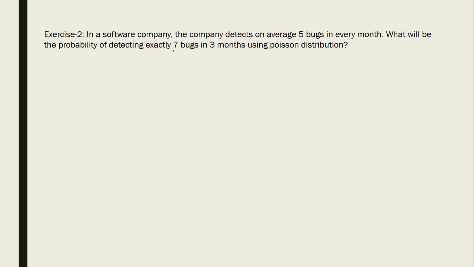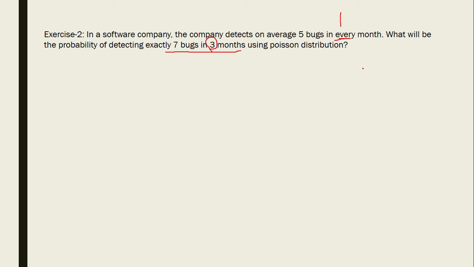But the trick here is, we are asking for exactly 7 bugs in 3 months, right? You can see that the average 5 is in 1 month, but now we need 7 bugs in how many months? In 3 months, right?